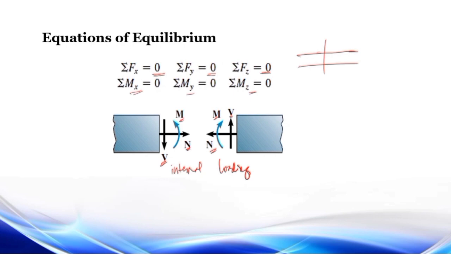So kung bakit ito ay opposite in direction, kasi kapag pinagdugtong natin, dapat it should attain the condition of equilibrium. So the shear should be equal to 0, the moment should be equal to 0, and the actual or the normal reaction is equal to 0.